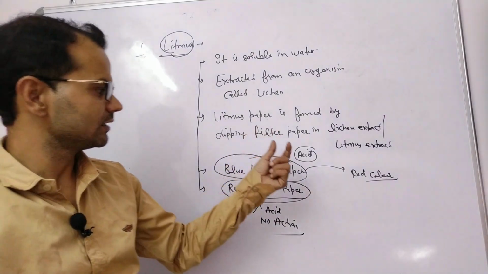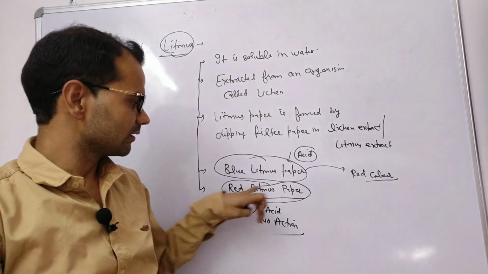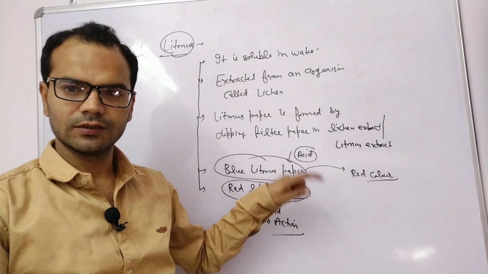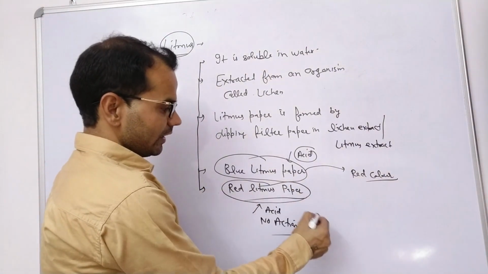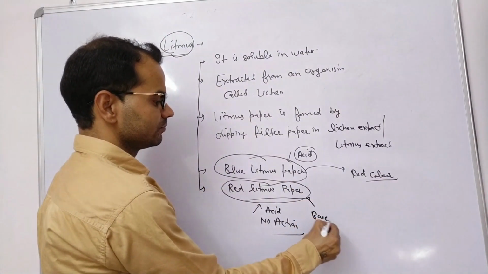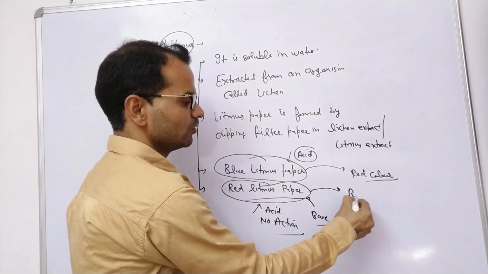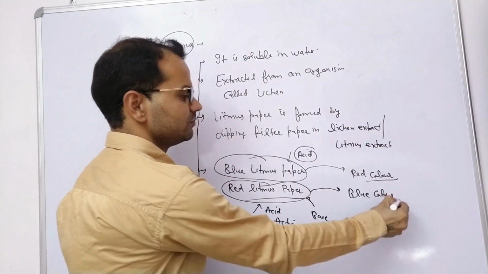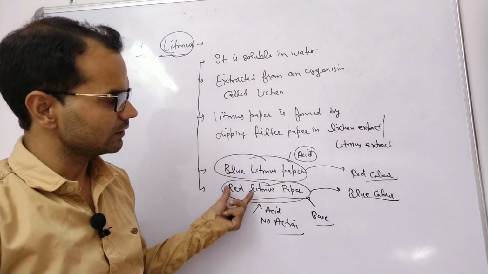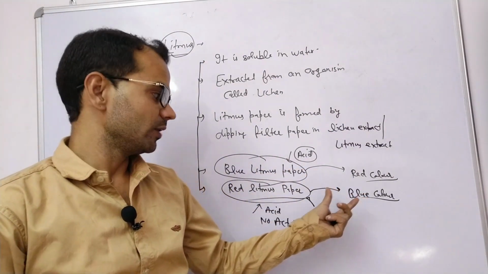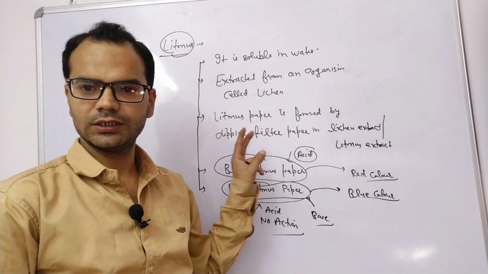Acid generally changes the color of blue litmus paper only. It never changes the color of red litmus paper. Base will be the opposite. If we add few drops of base on red litmus paper, it will change to blue color. But if we add base on blue litmus paper, there will be no change.